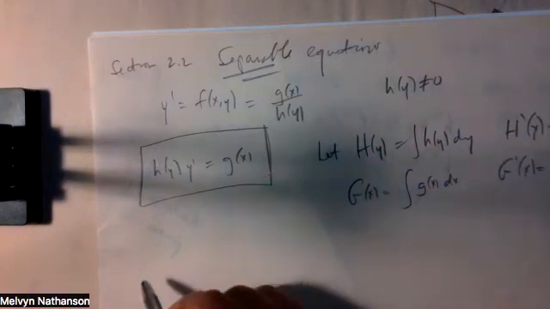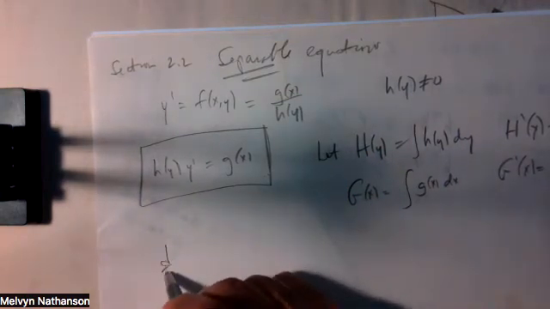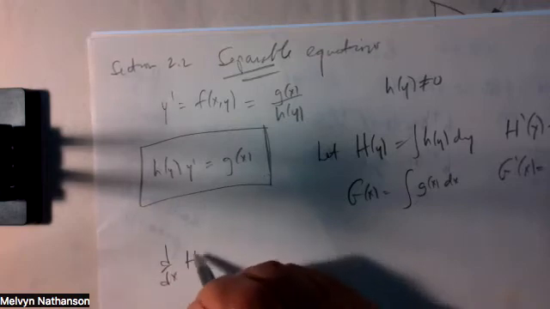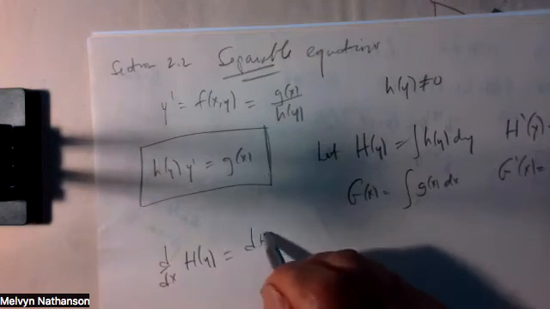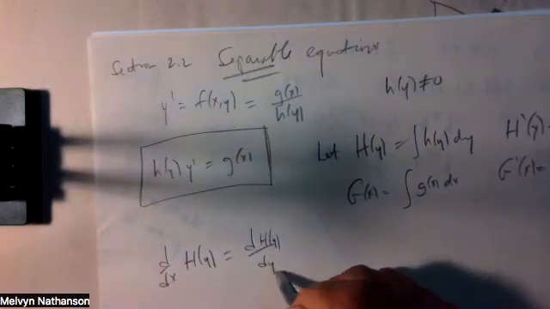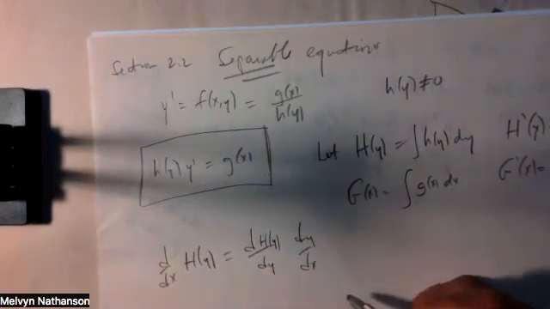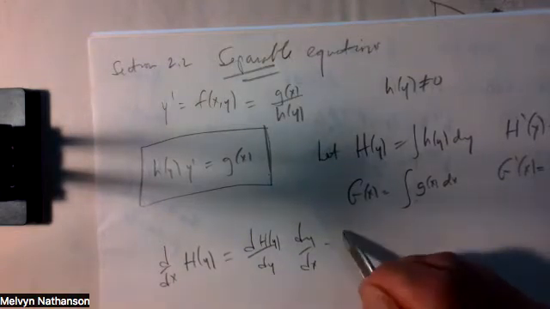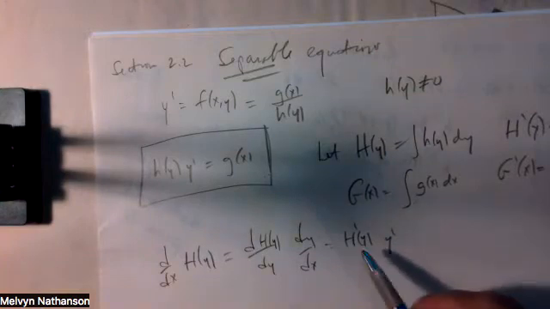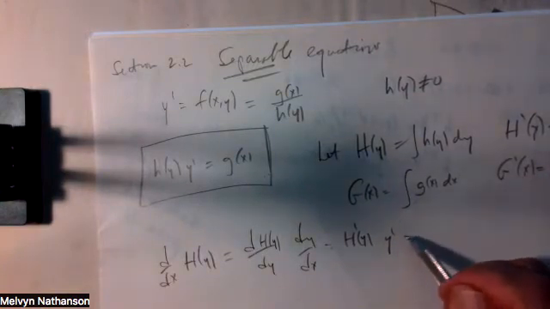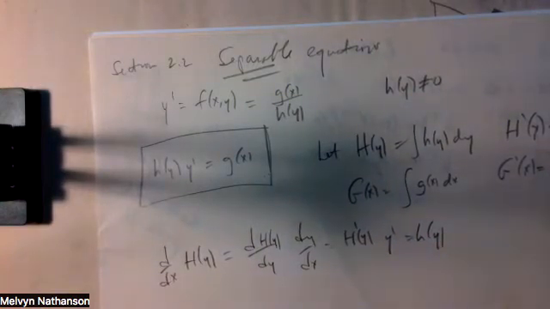And if you take the derivative with respect to x of capital H of y, by the chain rule, that's the derivative of capital H of y with respect to y times dy dx. That is capital H prime of y, y prime. Capital H prime of y is little h of y.